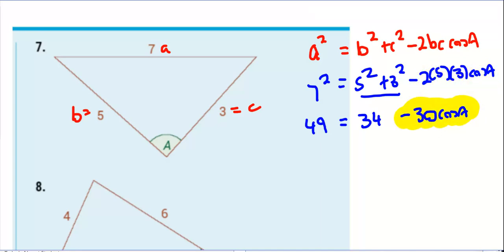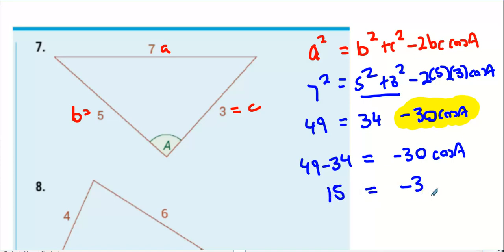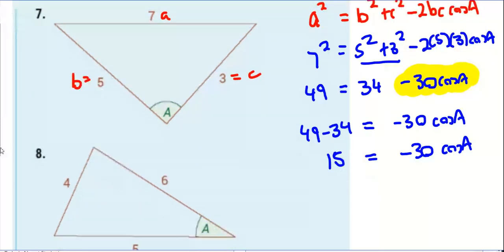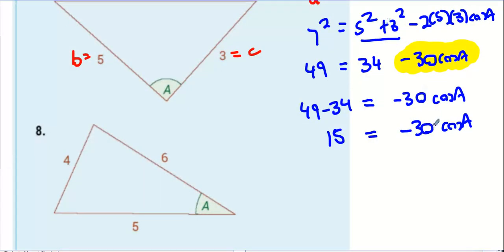Anybody get this far? Anybody get? Your first choice is multiplying by minus 30. What's the opposite of multiplying by minus 30? Divide, you're still dividing by minus though, aren't you?